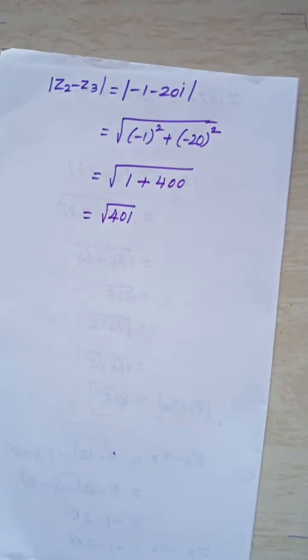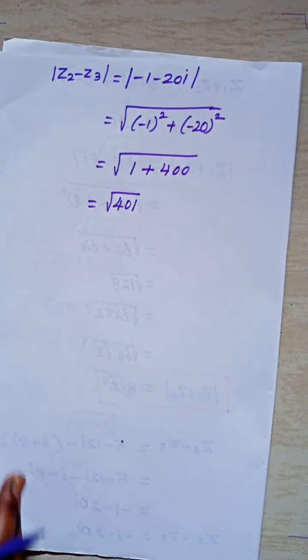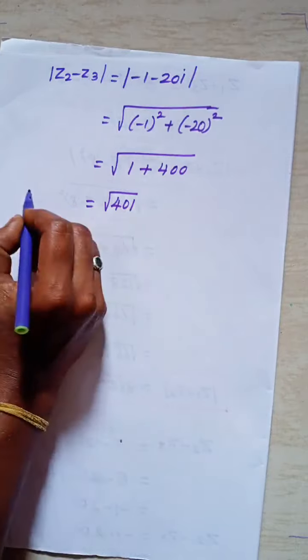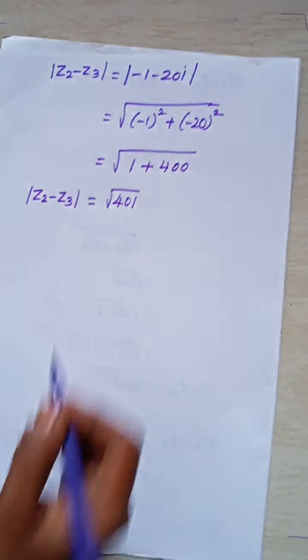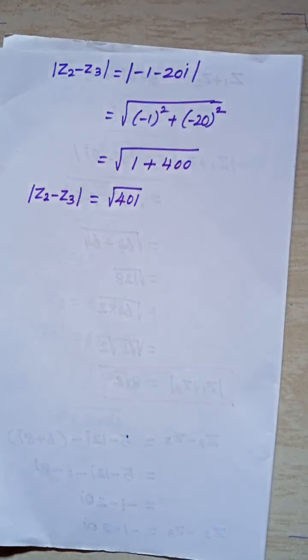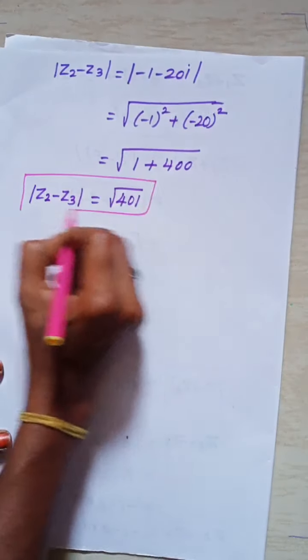There is no perfect square term. Can we split it? 1 into 401 is the only factor pair, so it is a prime number. So modulus of z2 minus z3 is square root of 401. Next, find it.